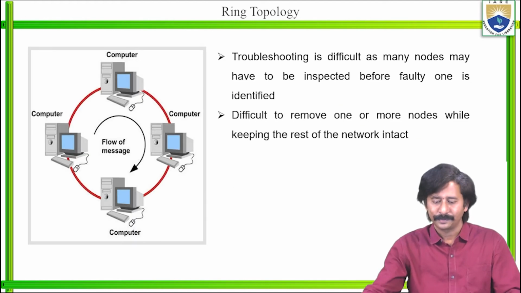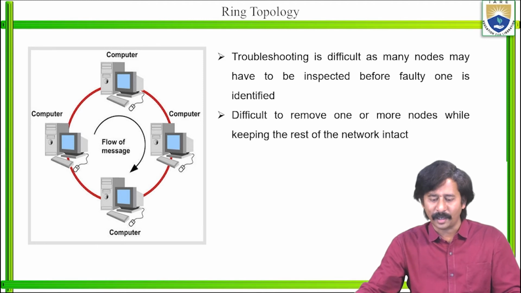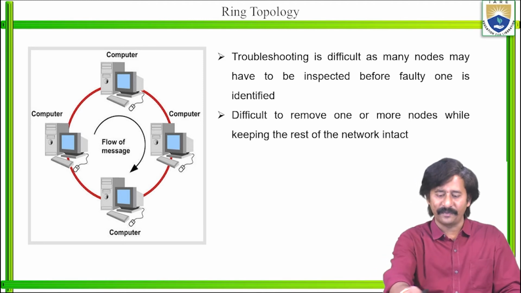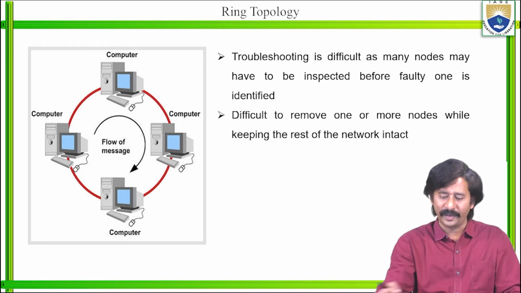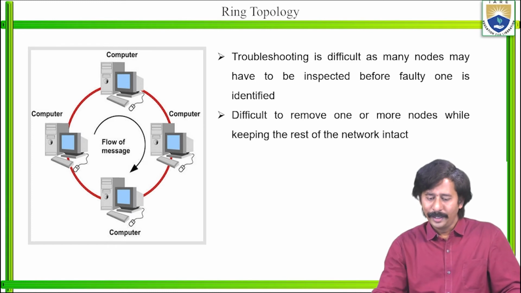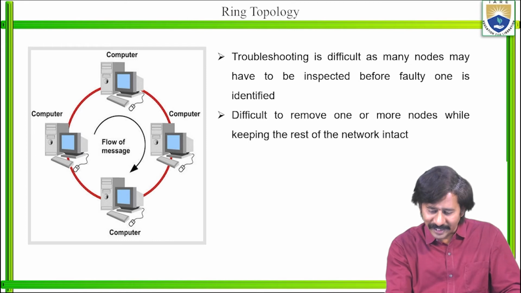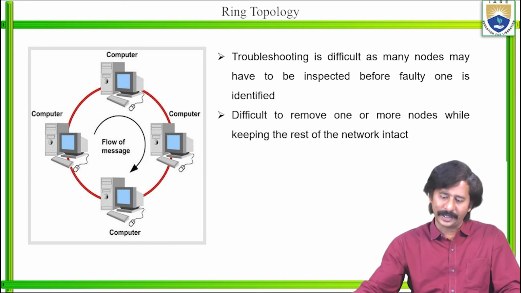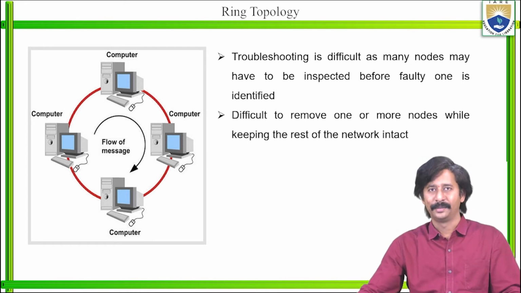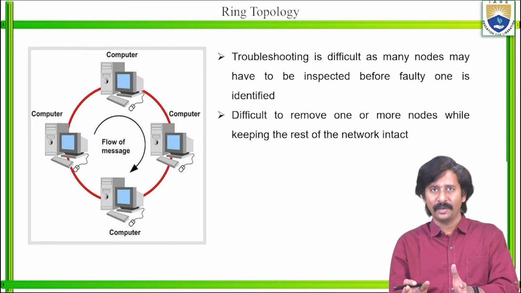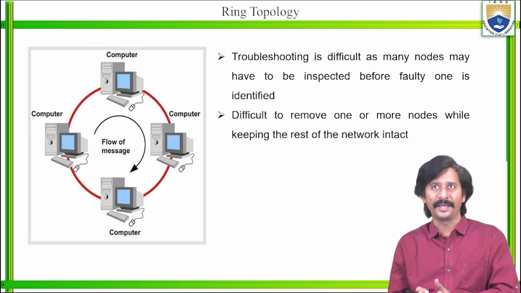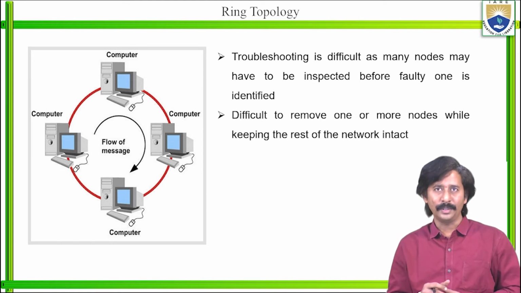See here, this is the best example for ring topology. These are the various nodes, computer 1, 2, 3, 4. Here the troubleshooting is difficult as many nodes may have to be inspected before the faulty one is identified, because of the nodes which take part in data communication. In this example, we have 4 nodes.